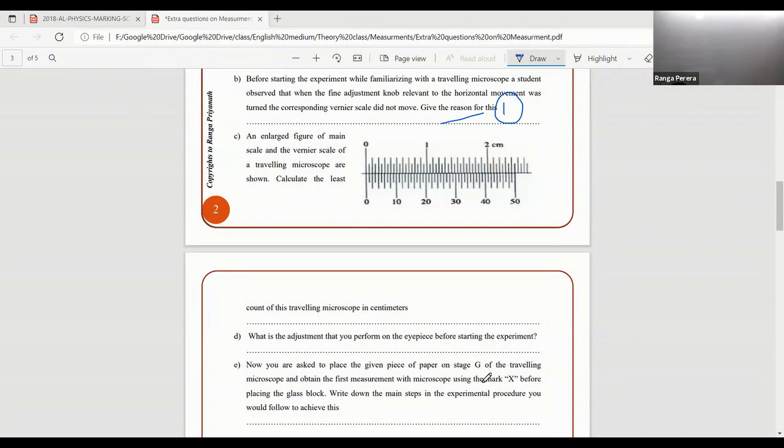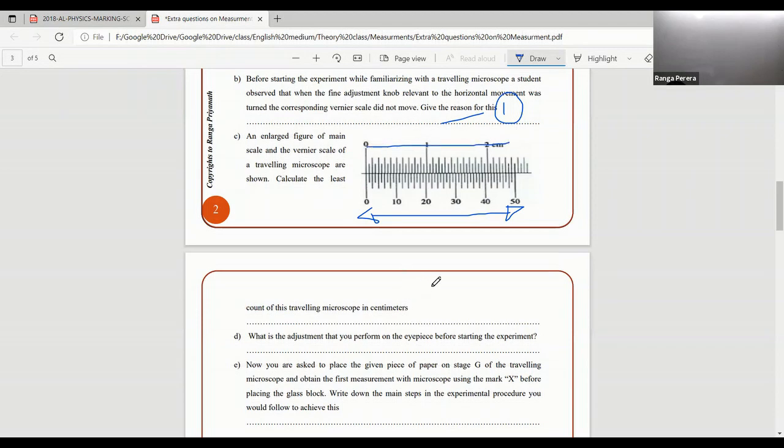Right. Let's move to part C. An enlarged figure of the main scale and the vernier scale of a traveling microscope are shown. Calculate the least count of this traveling microscope in centimeters. If you look at that, you would realize these 50 divisions are equivalent to the distance from this point to that point.